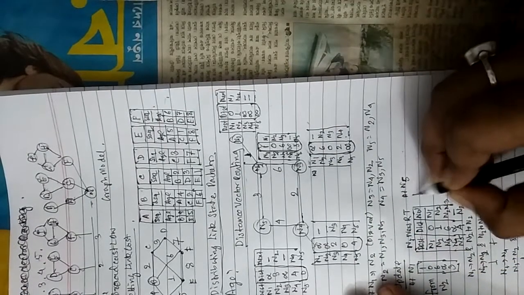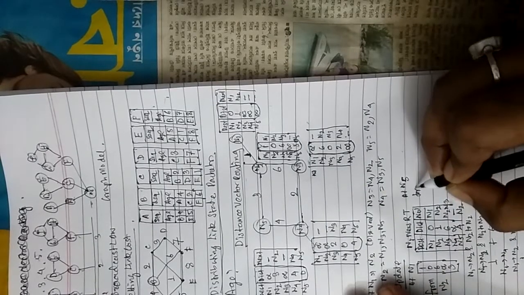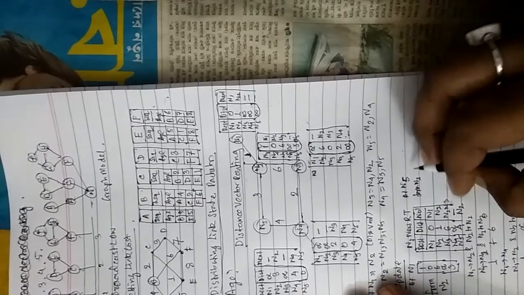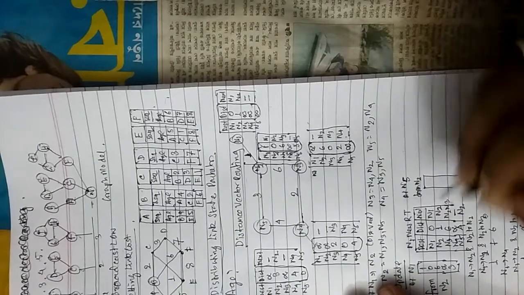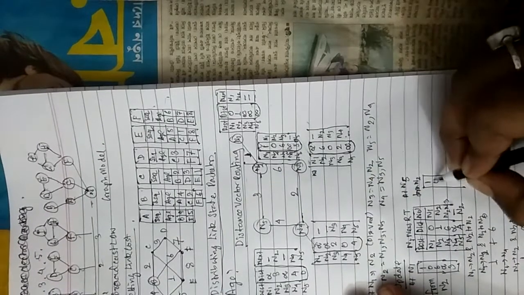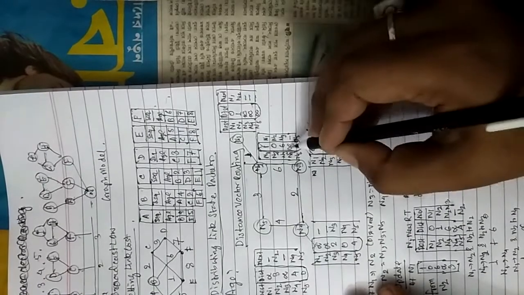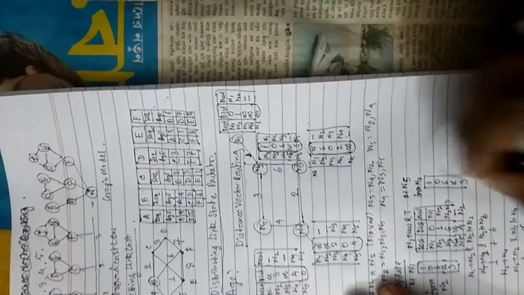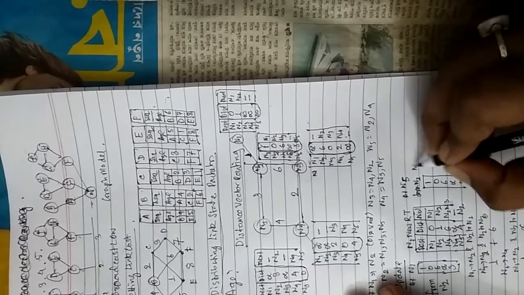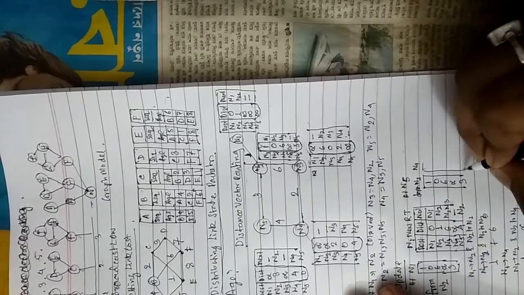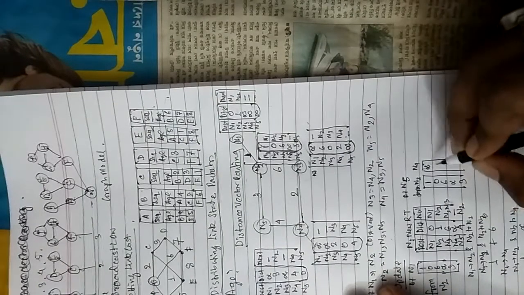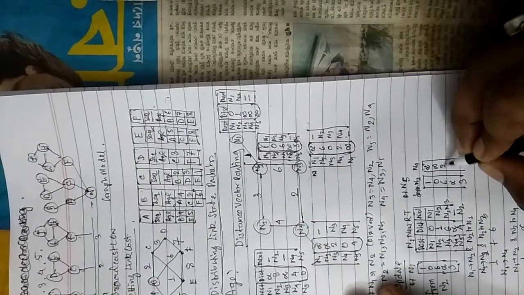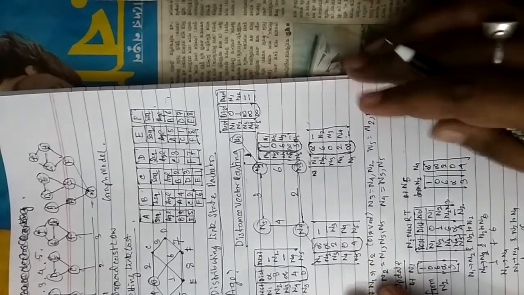From n2 I am getting this one, that is 1 0 6 infinite 3, and from n4 I am getting this part: infinite 2 0 4.